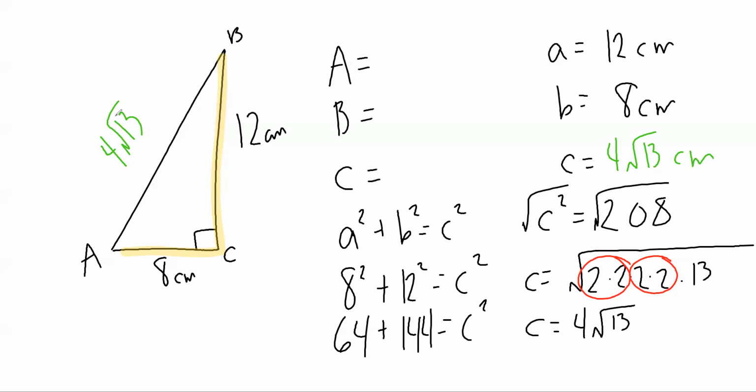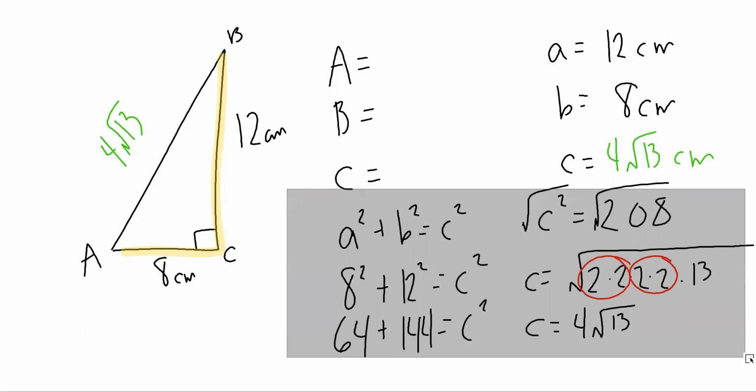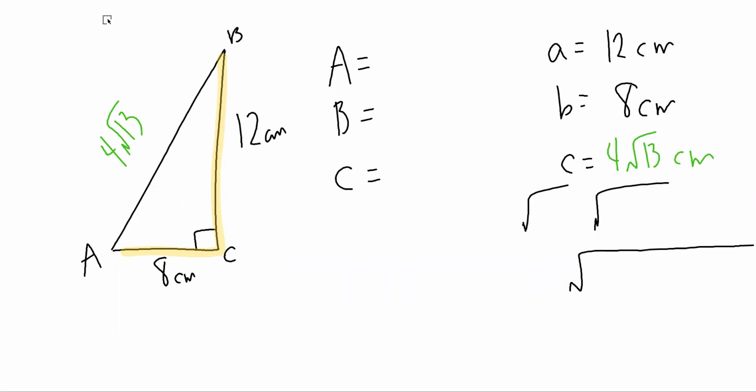I will be darned if I'm ever going to use this in any of the trig ratios to find the angle measurements. Just saying, I don't want to use an irrational number. I'm going to stick with these 2 nice numbers that I have here. Now I have to find angle measurements, right? Referring back to my notes, if I'm finding angle measurements, I'm going to be using my inverse trig functions.